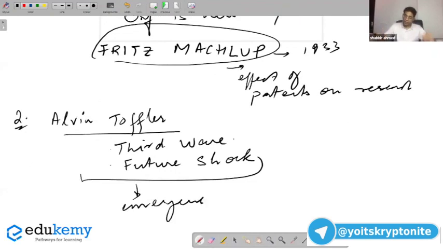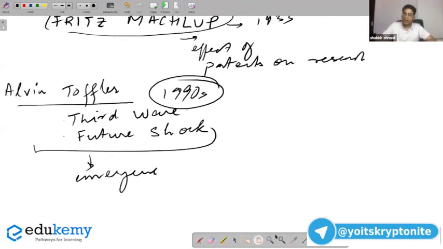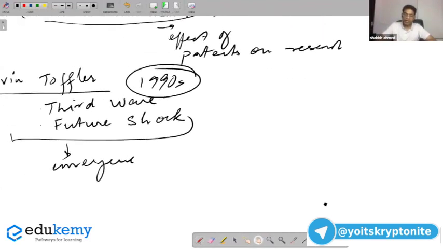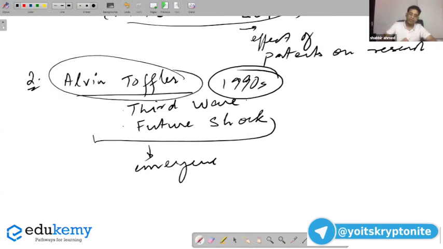again, this was way back, in 1990s की बात हो रही है. Okay, it's almost like he was foreseeing the future. Another man you can refer to is Alvin Toffler. He is one of those thought leaders.